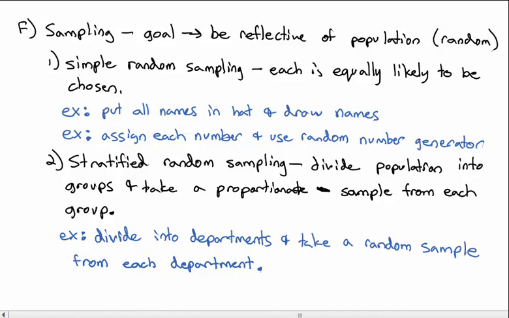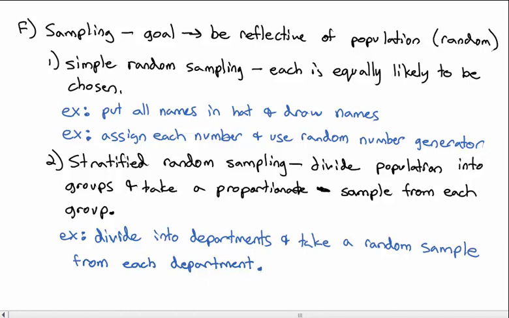So we take a random sample of the math department, take 2 random people from the math department. We go to the sociology department. We take 1 random person from the sociology department. We go to these very large departments and we'll maybe take 4 out of that department. And each department gets a random group selected from it.